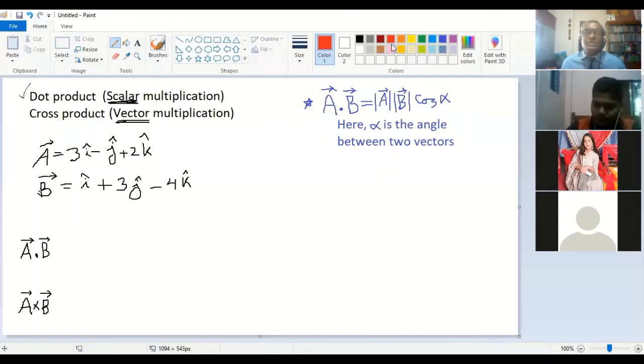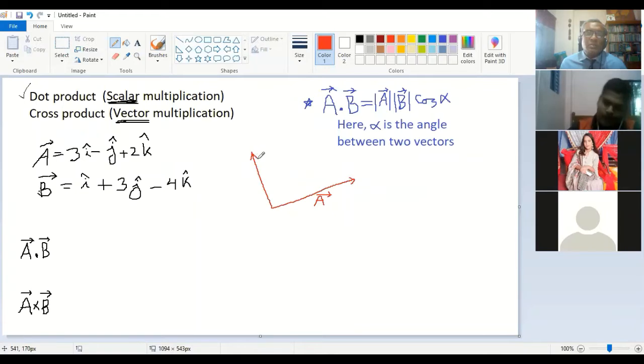So let me just give you a drawing example. I'm not drawing the x-axis, y-axis, z-axis. I am just showing one vector, just one line. Say this is a vector A, and you have another vector. This is B, and the direction is different.